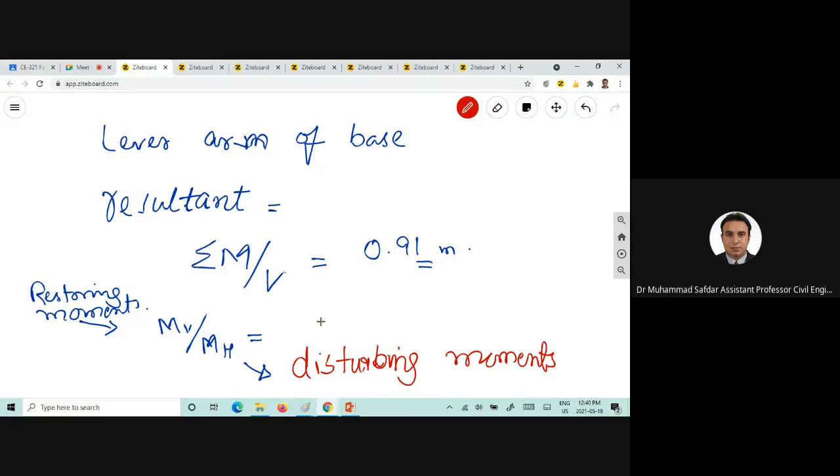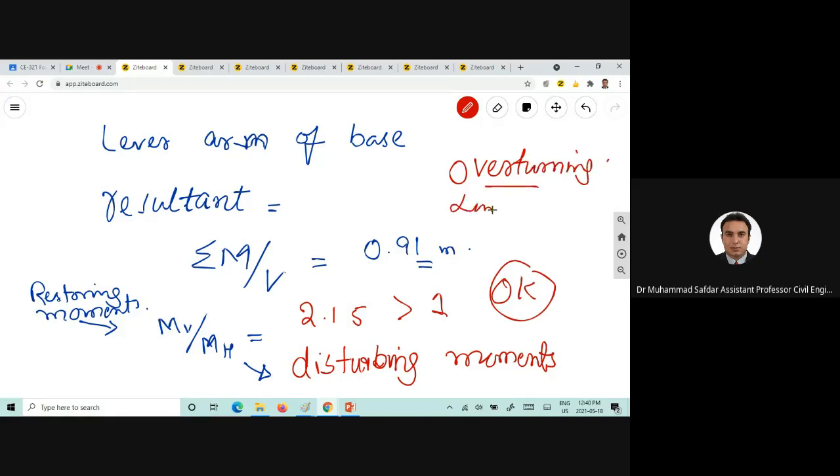So what's the value? Please kindly give me that value. 2.14. Okay, I would say 2.15, somewhere. So it's greater than 1. So the overturning limit state is okay or it's satisfied.